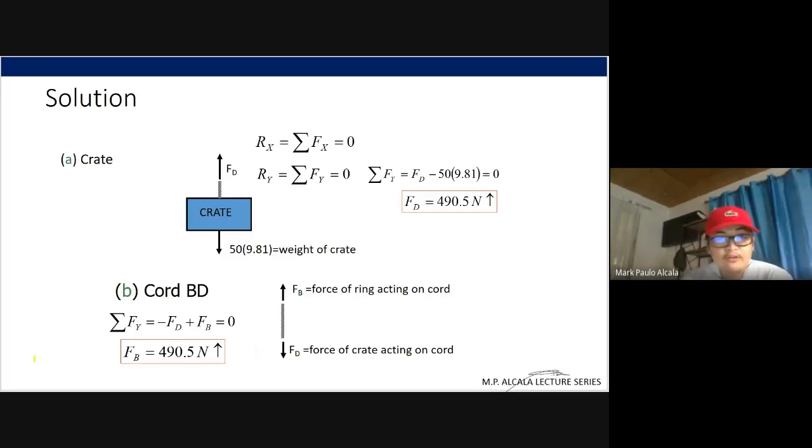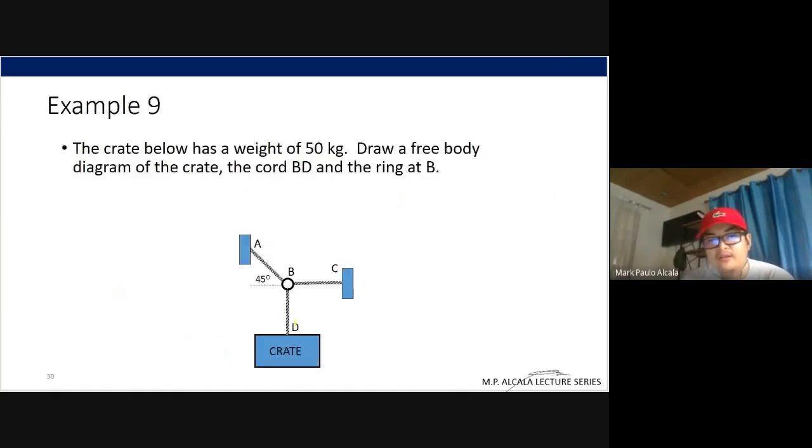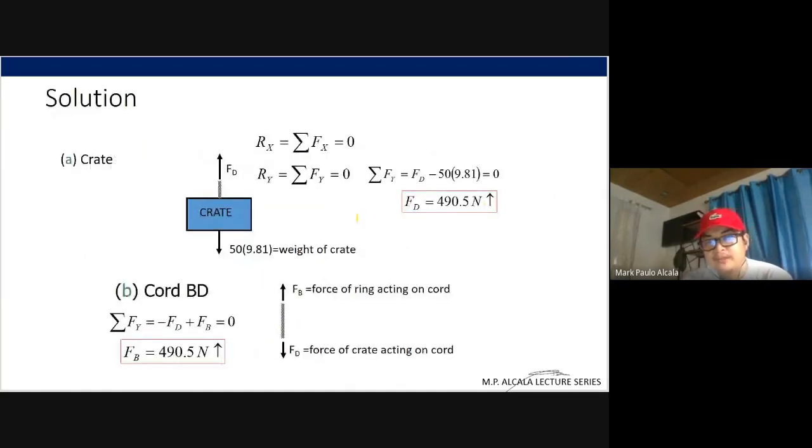Why? There are no forces to the right or the left. The sum of the forces along the y-axis is 0. The weight is equivalent to the tension of the rope BD. So as we said earlier, 50 multiplied by 9.81, 490.5.